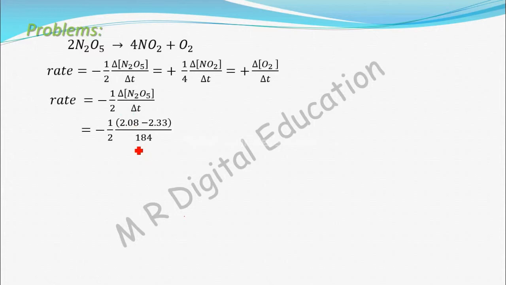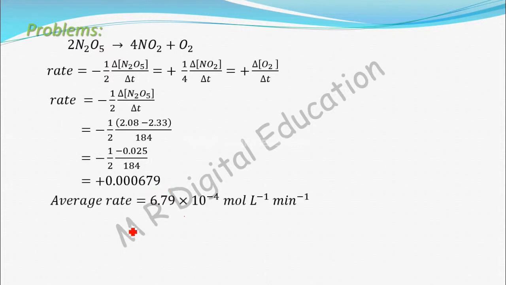Try to simplify this one. 2.08 minus 2.33 is minus 0.25. Keep this 1 by 2 as it is, divided by 184. When you simplify this, minus and minus make plus, and you will get 0.000679.